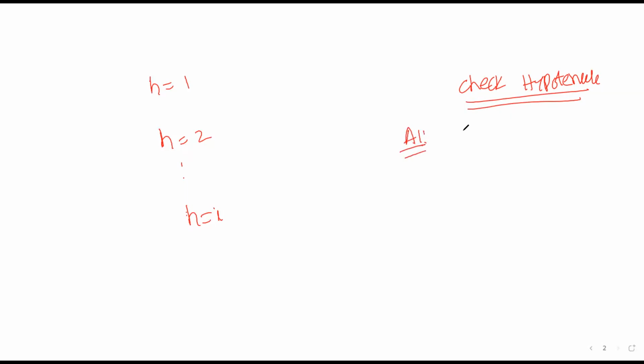algorithm 1 is a very dumb algorithm, right? We try out all possible values, and so what is the time taken here? It is h square, right? We try out all possibilities.